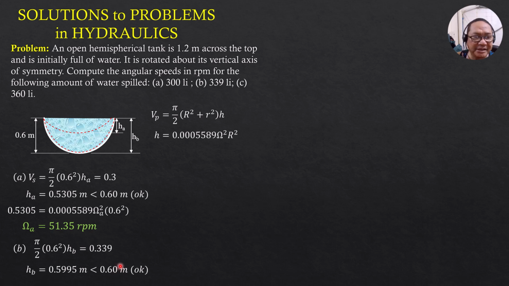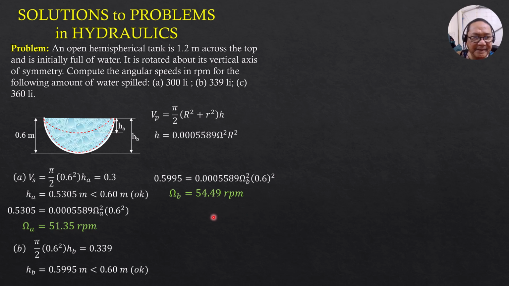So the assumption is correct, and we can still use this formula directly. So 0.5995 equals 0.0005589 omega B squared times 0.6 squared. Solving for omega B, it is equal to 54.49 revolutions per minute.